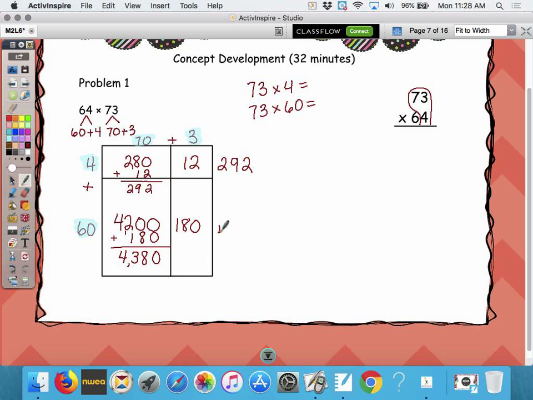And then write it down. Now, to me, it's easier to just take this 292 and add it to 4,380 like that. It's easier to me to put the larger number on top when I add. Do you agree? So I like to rewrite it down here.